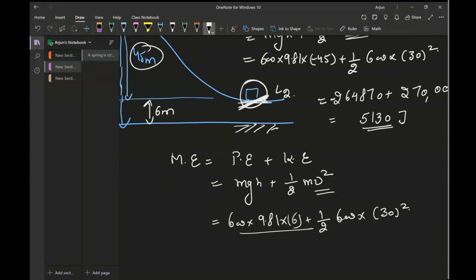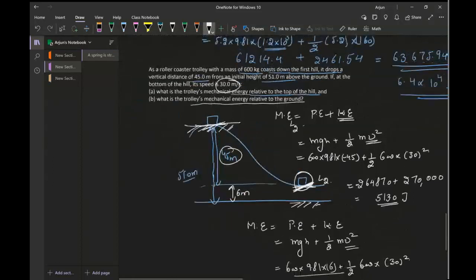Now this will be a positive number because the height is above the ground. So 6 times 9.81 times 600, plus 0.5 times 600 times 900, will come out to be 305316 joules. That's the final answer for the second part.